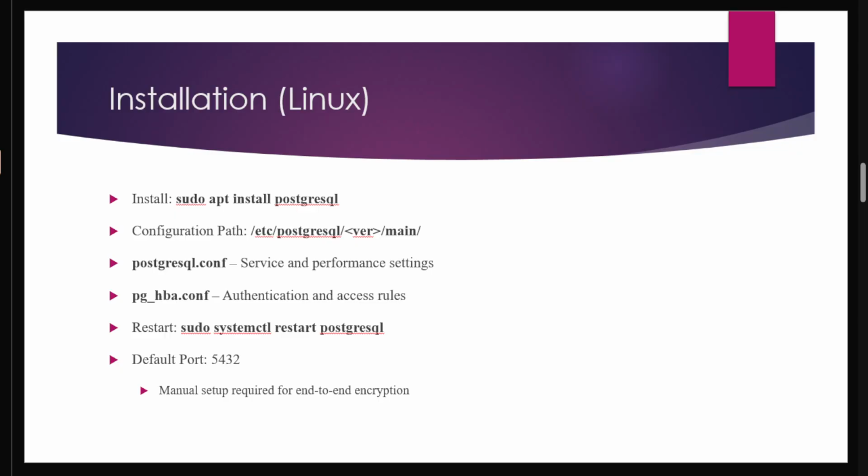The PostgreSQL.conf file controls the database's overall behavior, including performance tuning and logging, while pg_hba.conf sets the authentication rules and determines which users and systems can connect. After making any configuration changes, you will need to restart the service by using sudo systemctl restart postgresql for them to take effect.